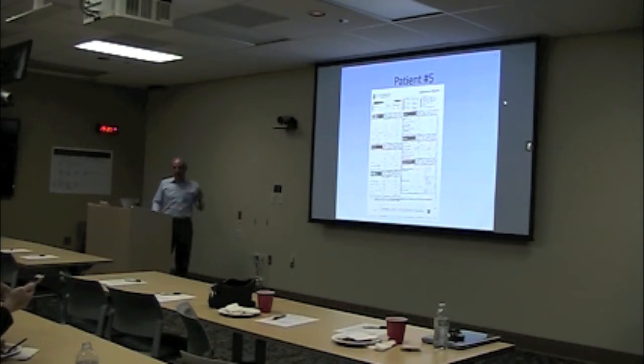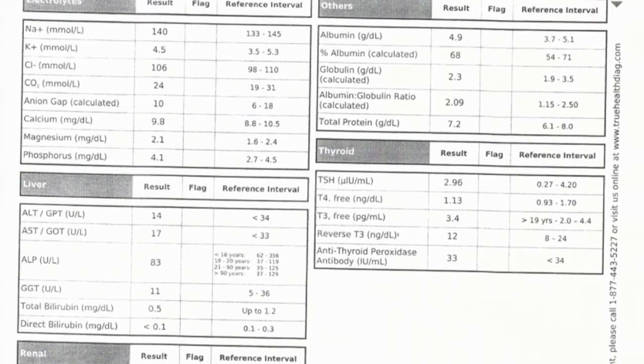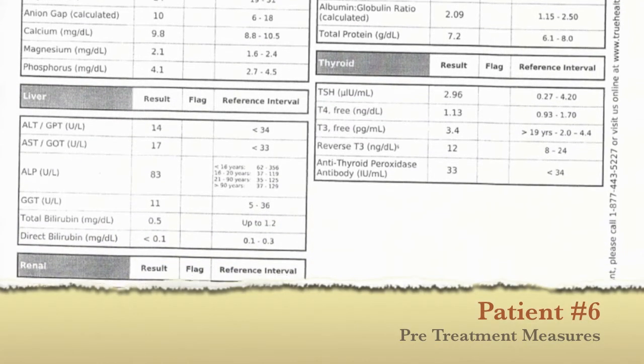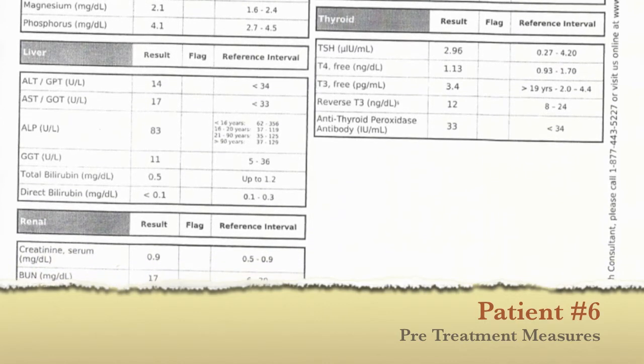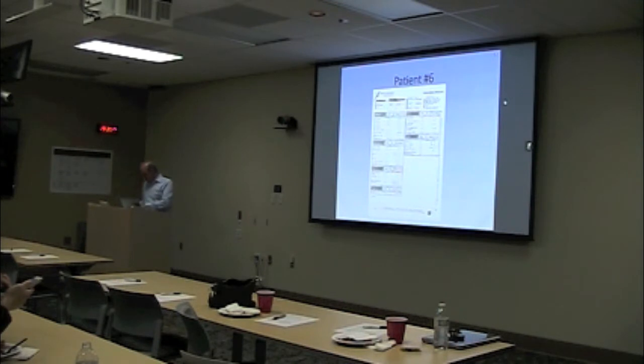Now the next one, a 17-year-old. Little stressed. She's in high school, trying to get to college, working hard. Maybe had a little bit of fatigue, but generally felt well. She's able to get through the days and really power through things. Very intelligent girl. Her free T3 was 3.4. So that to me indicates these are healthy young people. These are levels that are optimal, right?